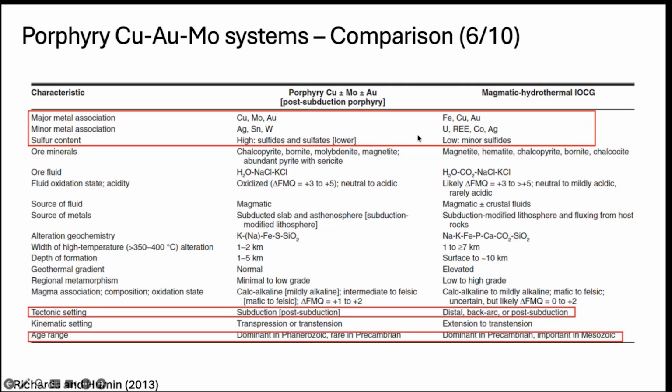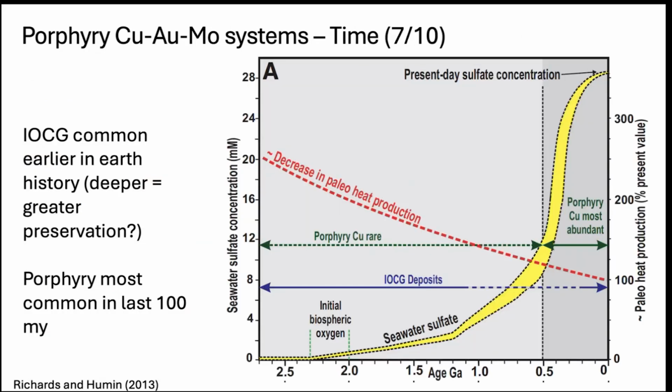High sulfides, low sulfides. Tectonic setting is subduction and post-subduction for porphyries, and for IOCGs, post-subduction, back arc perhaps. And their age range: porphyry coppers are dominant in the Phanerozoic and very rare in the Precambrian, and IOCGs are dominant in the Mesoproterozoic, as we already discussed.